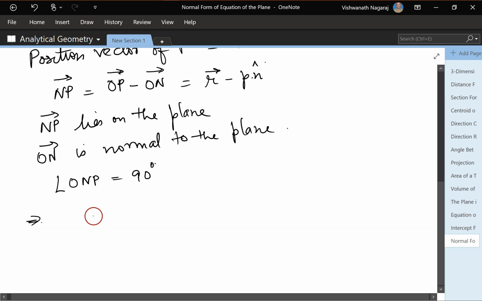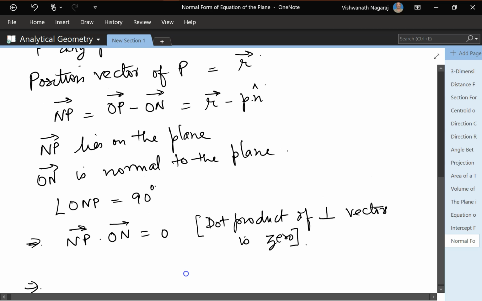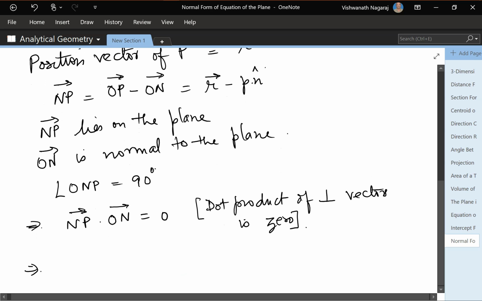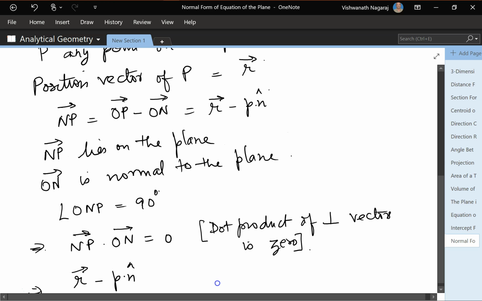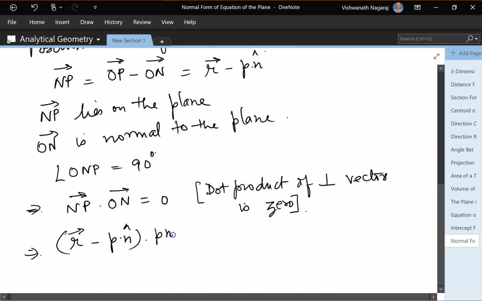This implies that NP dot ON is equal to 0, because the dot product of perpendicular vectors is 0. Now NP is R minus p n cap, and ON is p n cap, so (R minus p n cap) dot p n cap equals 0.